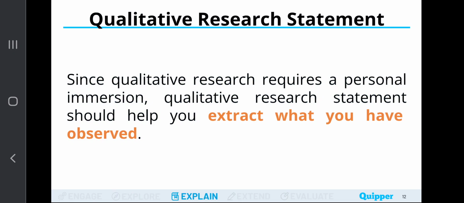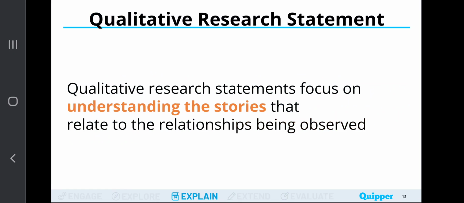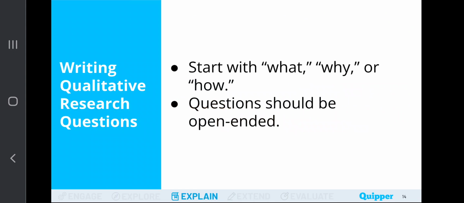Since qualitative research requires personal immersion, a qualitative research statement should help you extract what you have observed. Qualitative research statements focus on understanding the stories that relate to the relationships being observed.